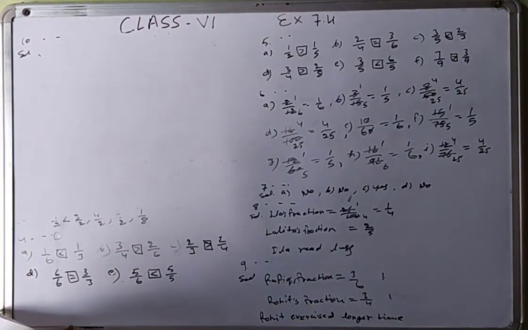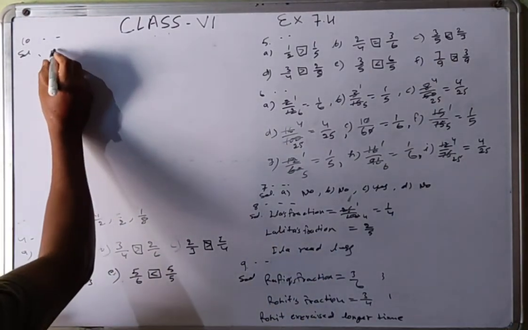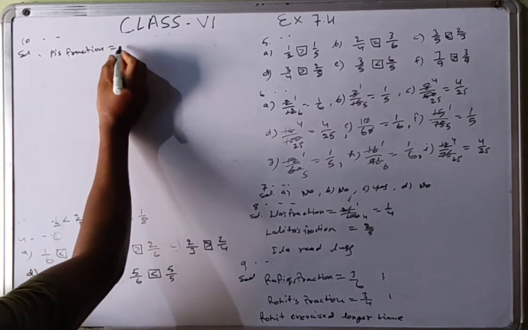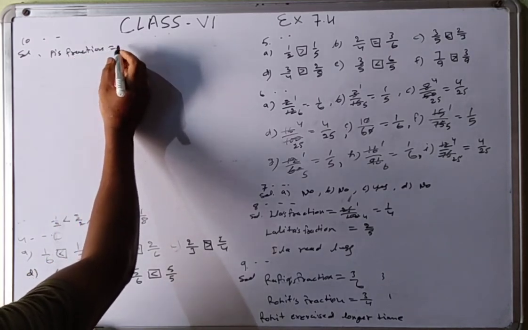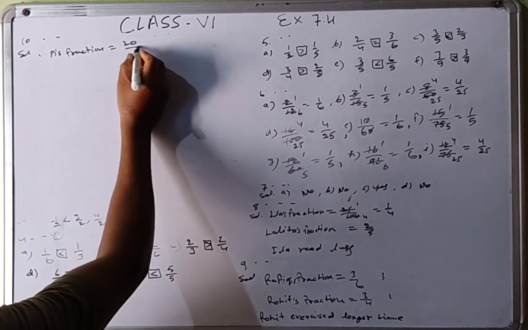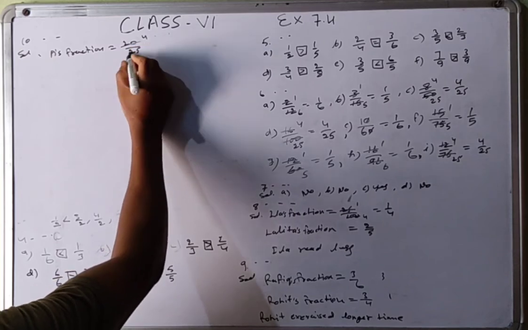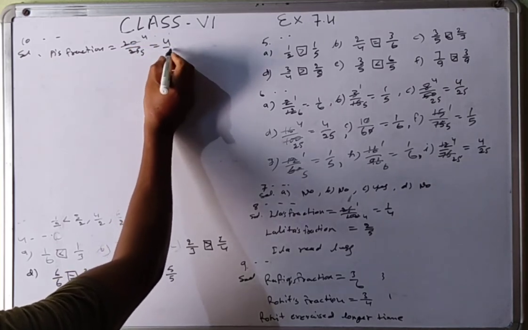So A's fraction is equal to 20 students passed out of 25. 5 fours are 20, 5 fives are 25, that is 4/5.